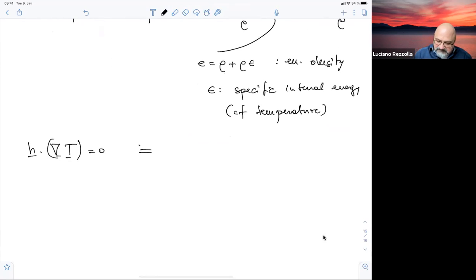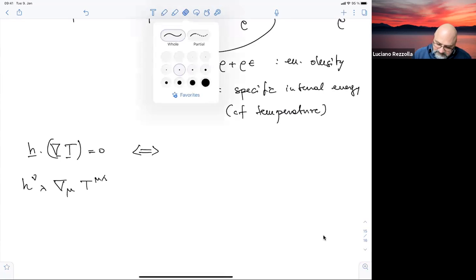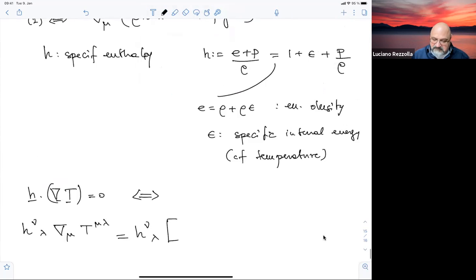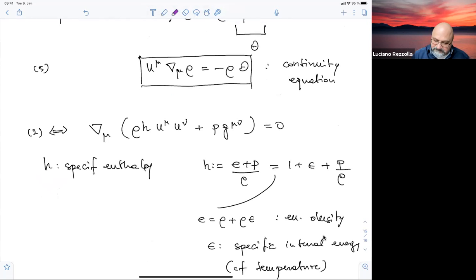So in component notation, this would be something like h^ν_λ ∇_μ T^μλ. Let's take the covariant derivative of this expression here.